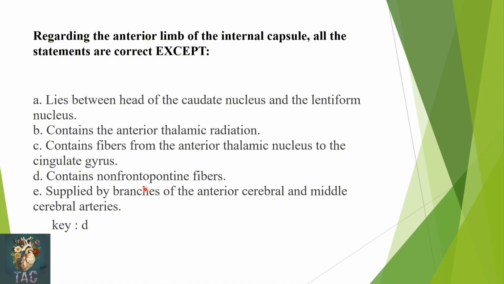So there are no non-frontopontine fibers in the internal capsule. Supplied by the branches of the anterior cerebral and middle cerebral. Yes, it is also true, because the anterior cerebral also supplies the anterior limb of the internal capsule, and the middle cerebral also gives branches to the anterior limb of the internal capsule.